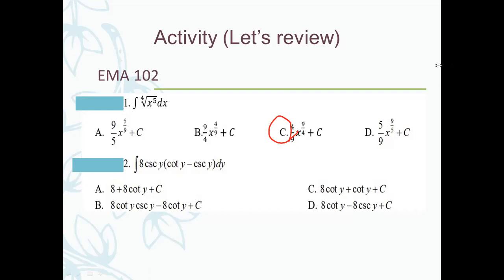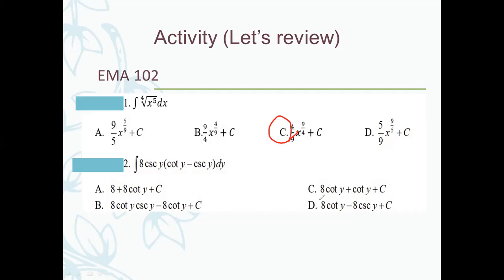What's the answer for number 2? You need first to simplify the expression written after the integral sign prior to applying an appropriate technique or formula. What do you think is the answer for number 2? Yvette says it's letter D. Very good.